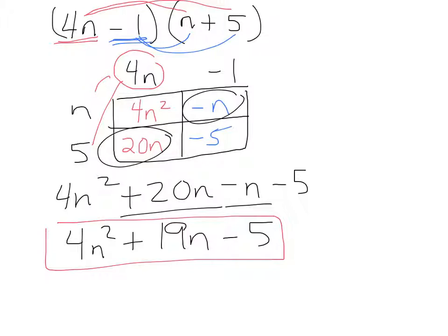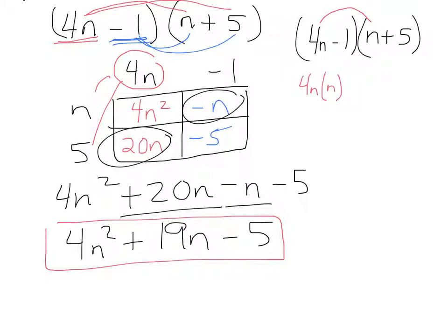Now, Mr. Lemon, do I have to do the box thing? No, but it's helpful. You will get to a point where you notice you've got 4n minus 1, and that's multiplying n plus 5. So you could take 4n and multiply n and put that result there.